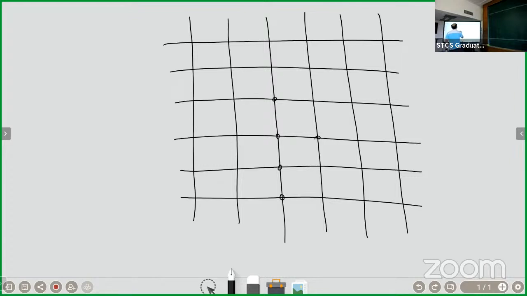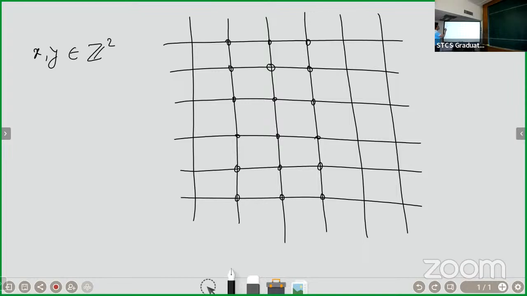Let x comma y be in Z², that's my notation for the square lattice vector.